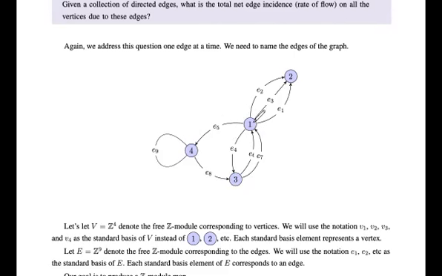Let's just answer the question for 1 to get a sense. So at 1, if we're just doing this edge and this edge, in and out, it looks like we have a net incidence of 0.